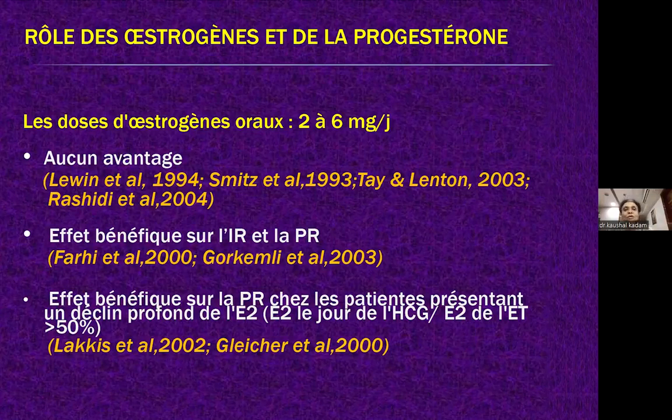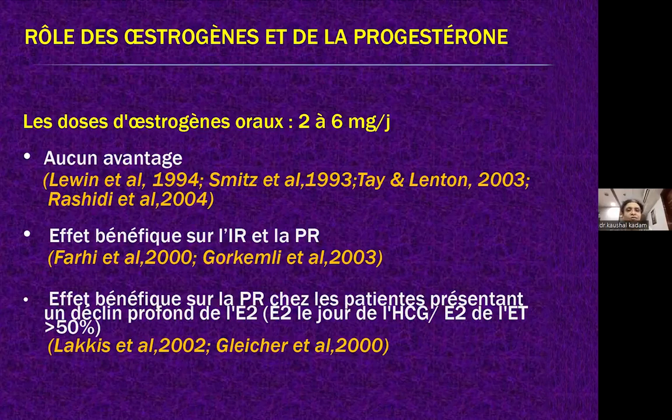If the patient has a very good lining, and the estradiol level is between 1500 to 2000, and you have managed to get a good number of eggs, you could give that patient just between 2 to 4 milligrams of estradiol in the luteal phase. There were a few papers again that said that there was no advantage in adding the oral estrogen.